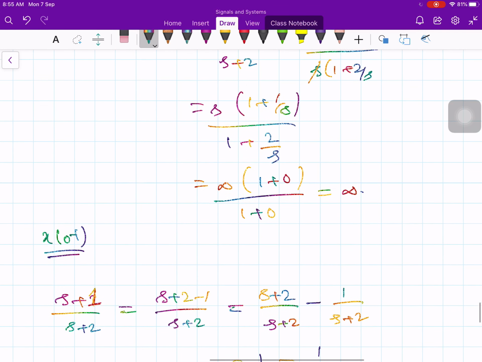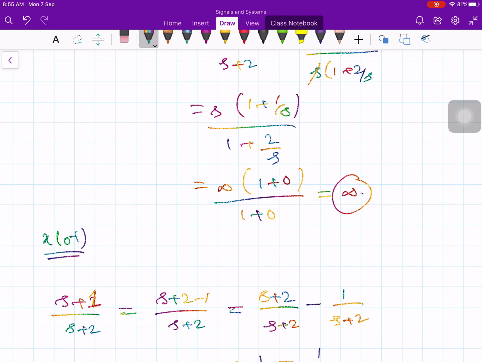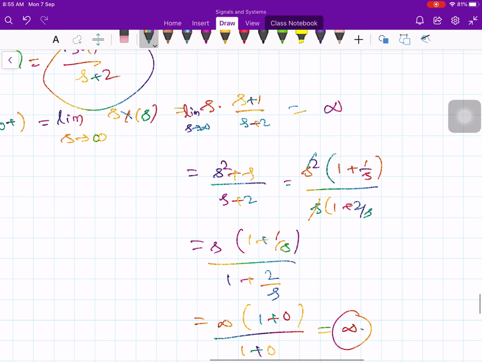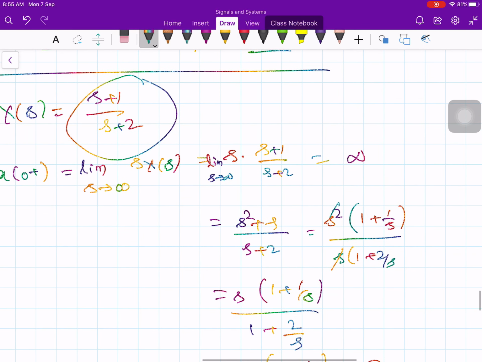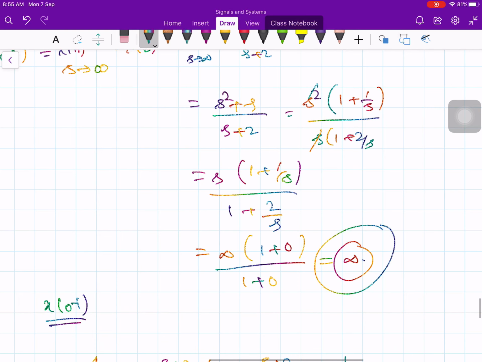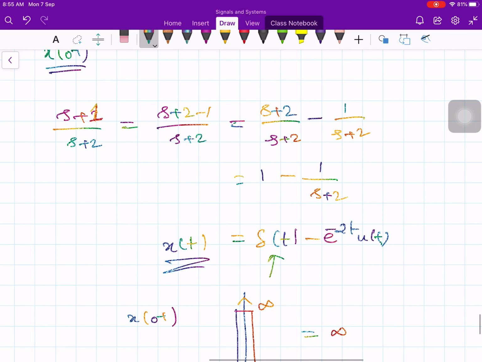because the signal contains an impulse at the origin. So in that case you cannot find the initial value. Okay, so that is the reason why for this example, (s plus 1) divided by (s plus 2), you got the value of infinity. The justification is, if you take the inverse Laplace transform, you found that there is an impulse del of t.